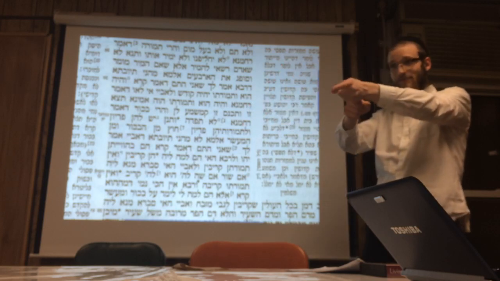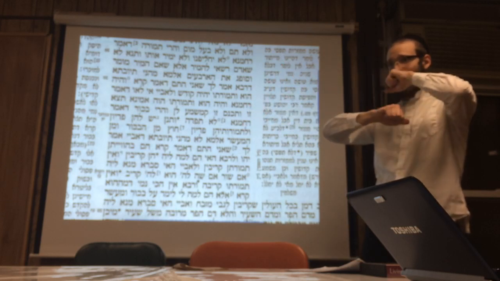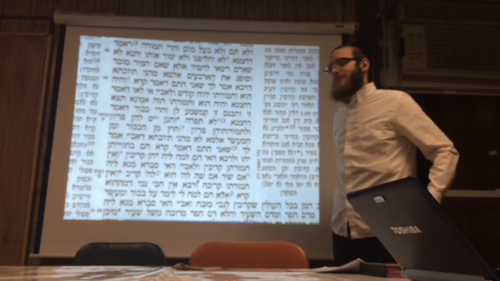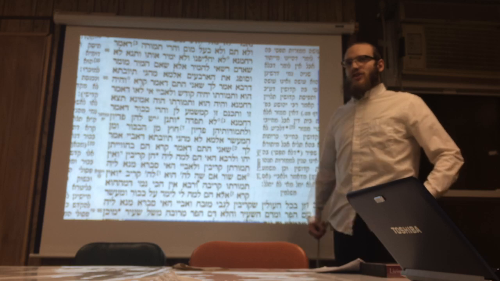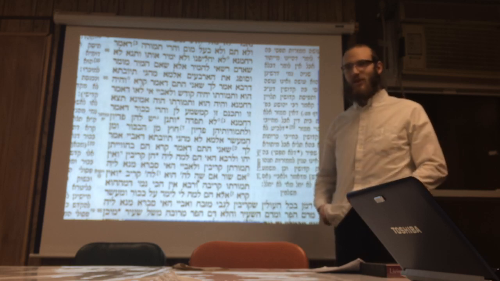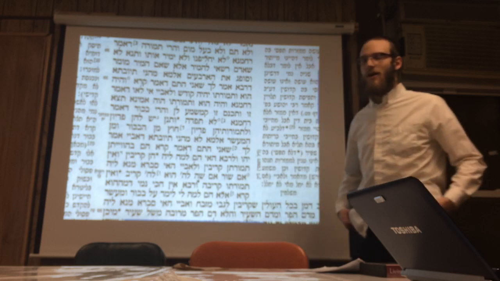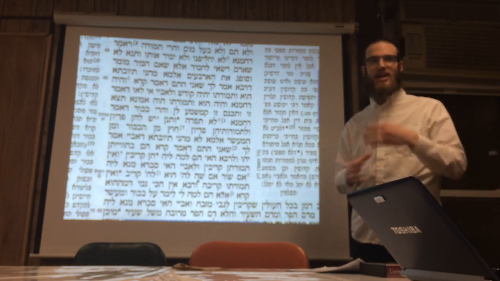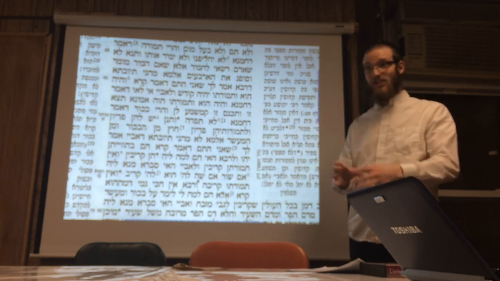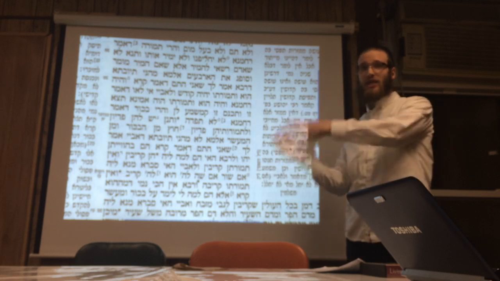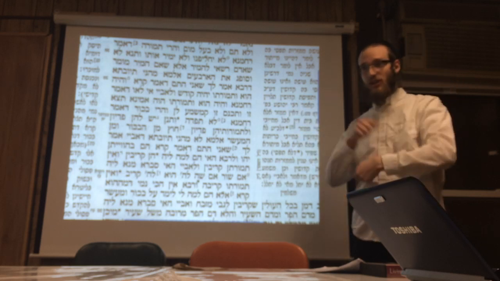Can you just explain one more time what exactly the Isser was when he switched the animals? So there's an Isser of Tamura, that there's a certain way that you're not supposed to do it. There is a way to be mochel the animal, meaning to deconsecrate it onto money, or deconsecrate the animal onto another animal. That's called deconsecration.